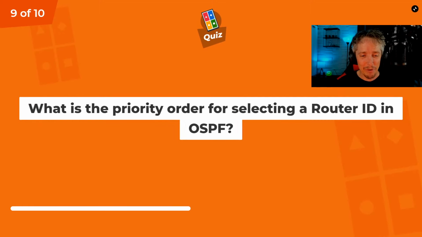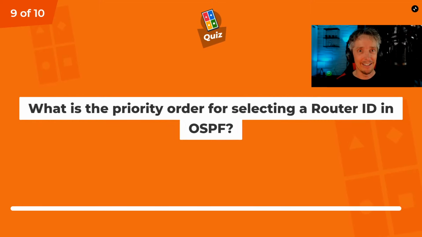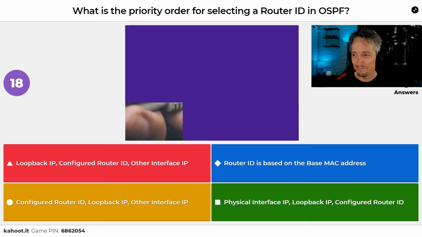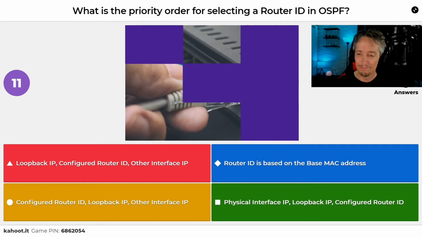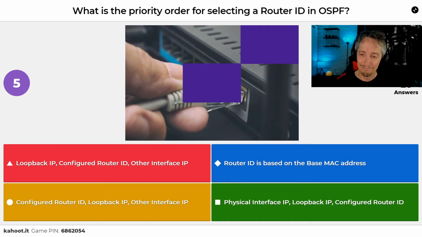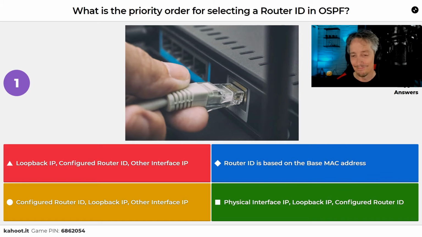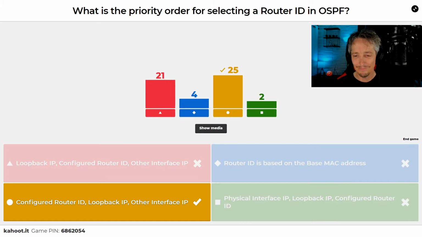And here it is. What is the priority order for selecting a router ID in OSPF? All right, well, that's literally what the answer is.